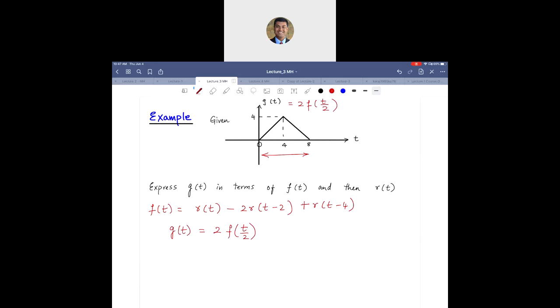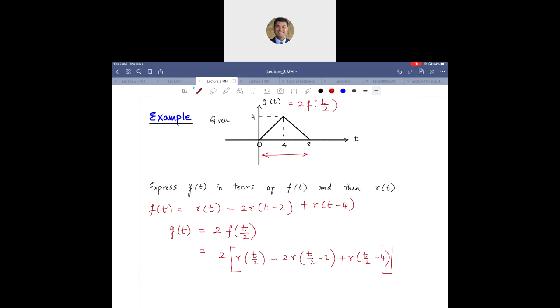Then because I have a relationship between f of t and r of t, I can use the previous result to say 2 times f of t divided by 2 is simply going to be 2 times r of t divided by 2 minus 2 r of t divided by 2 minus 2 and plus r of t divided by 2 minus 4.